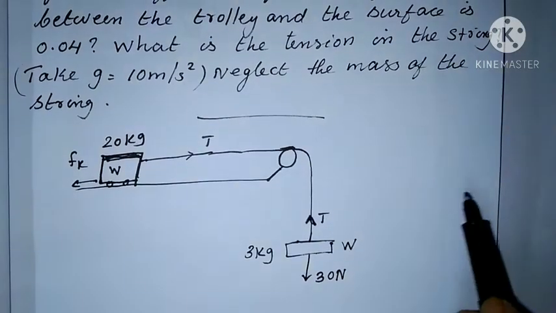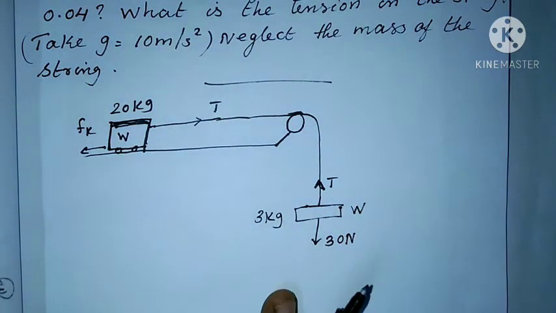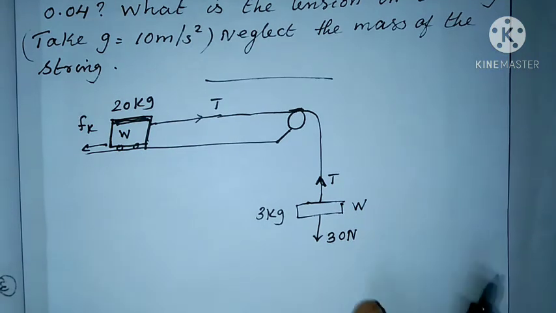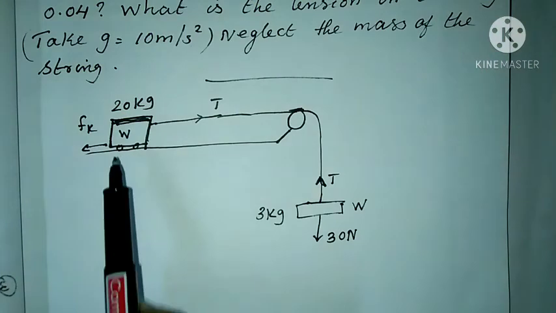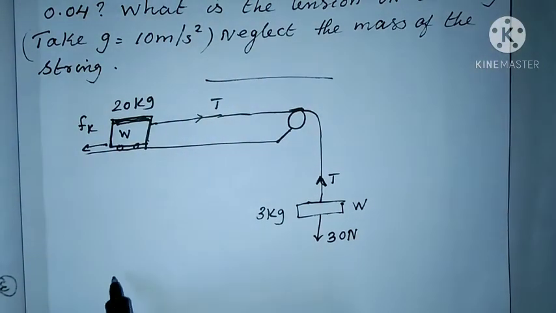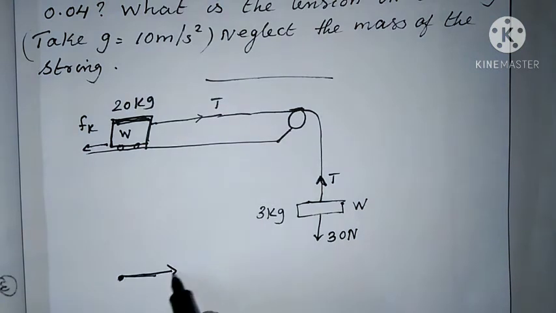Before doing this problem, we have to draw the free body diagram. When you draw the free body diagram for the trolley, the mass of the trolley is noted as a point, and the tension applied is noted as a vector arrow, T, and the frictional force, Fk.